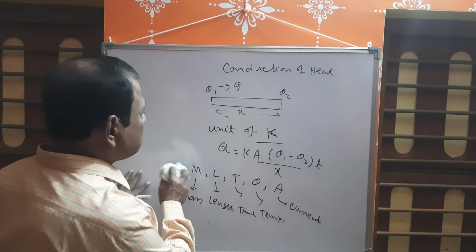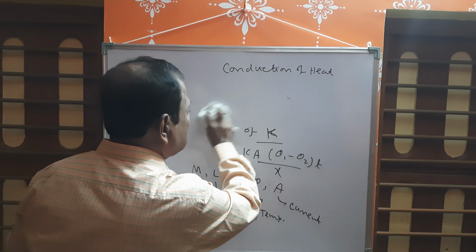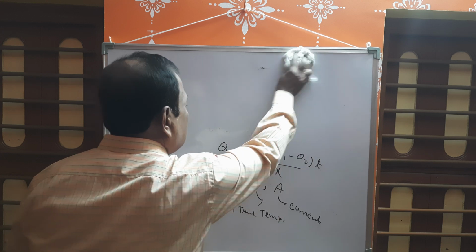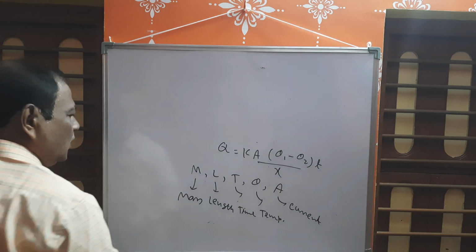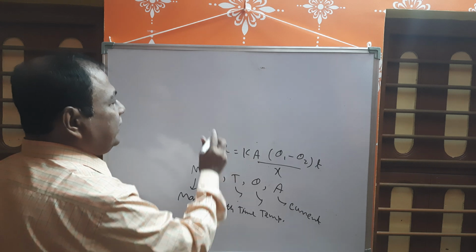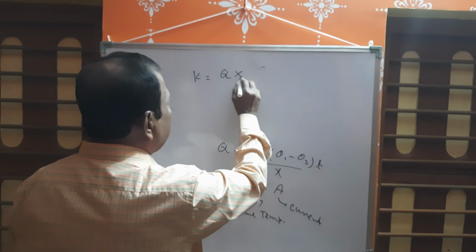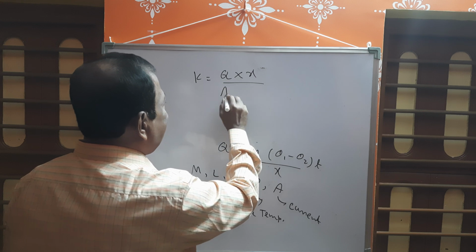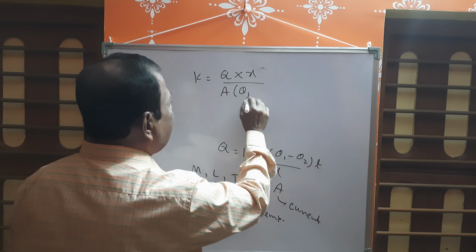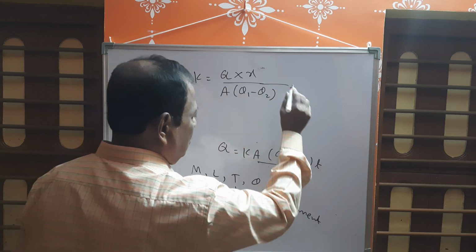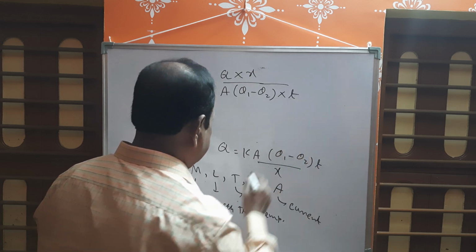So we can write K is equal to Q into x by A into (theta 1 minus theta 2) into t.